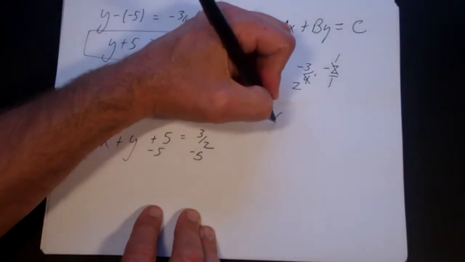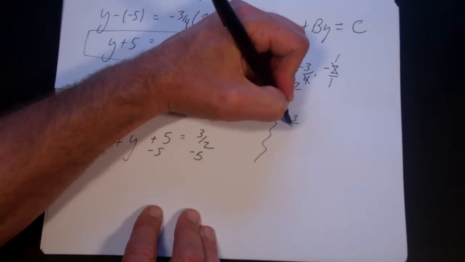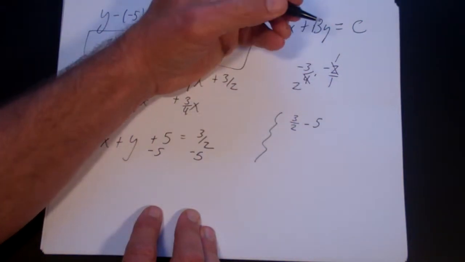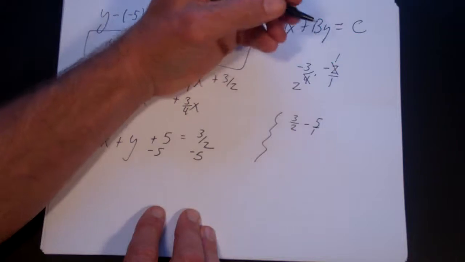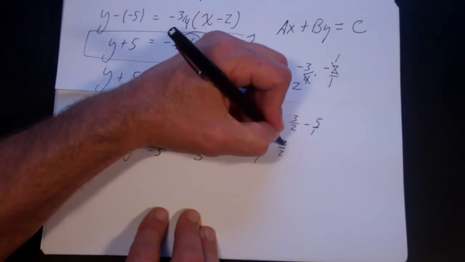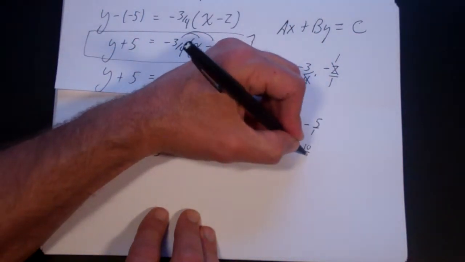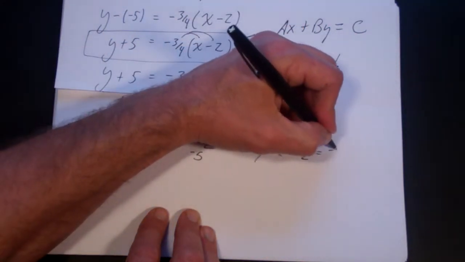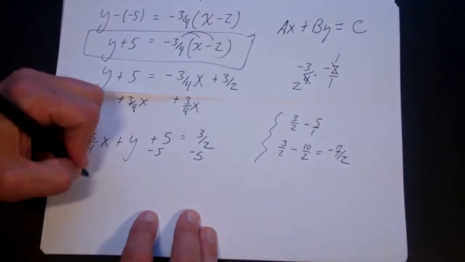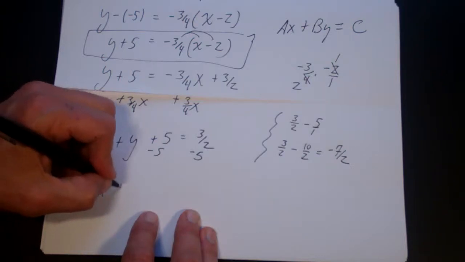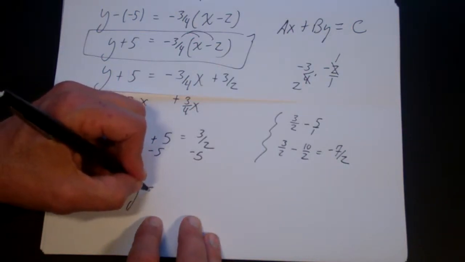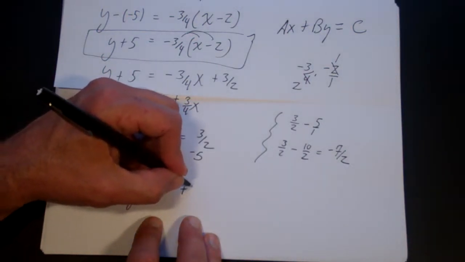Here you have to do some fractions, right? So you have 3/2 minus 5, or 5 over 1. The common denominator is 2, so it's 3/2 minus 10 over 2, or minus 7 over 2. So you have 3/4 x plus y is equal to minus 7 over 2.